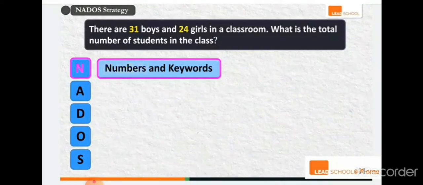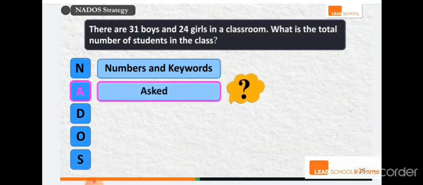And there is a keyword, total number. The A in NADOS stands for asked, which means what is asked in the question. The question says, what is the total number of students in the class?